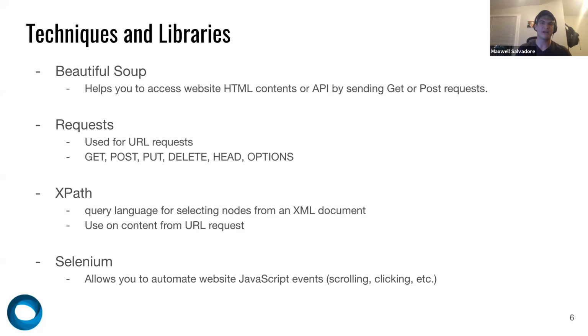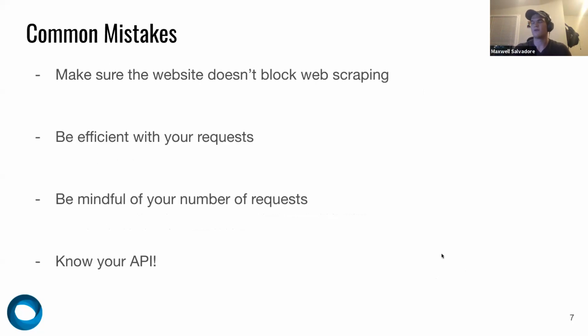However, if you just want to get a list of companies that a website lists, you would just use requests and Beautiful Soup because there's no requirement to automate clicking or scrolling or things like that. So it's really important knowing the task that's ahead of you, and then using the right tools in order to perform web scraping. So with all that, some common mistakes that you may run into.